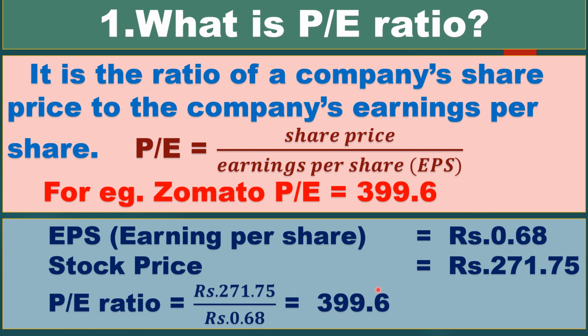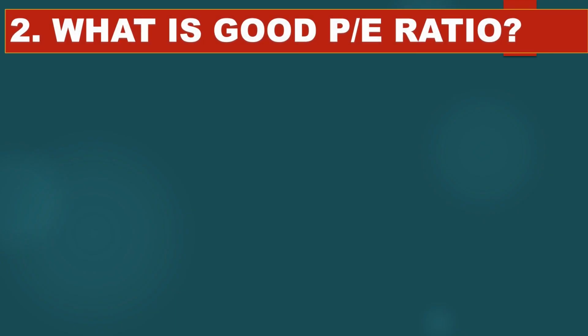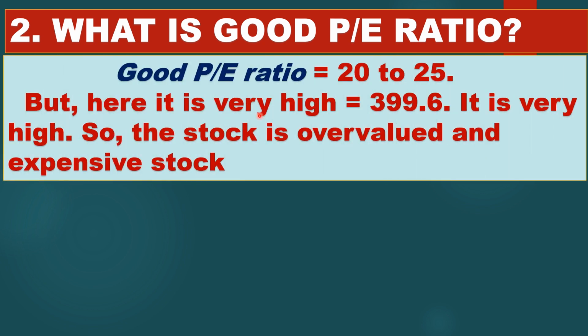Now let us see whether we can buy the stock. What is a good PE ratio to buy a stock? For a good company, the PE ratio should be in the 20 to 25 range.